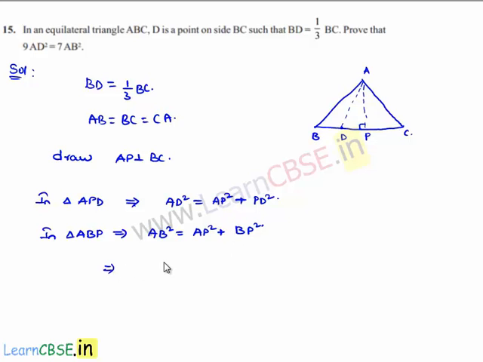Then we get AD square minus AB square is equal to PD square minus BP square, which implies, let us make subject as AB square, then we get AD square plus BP square minus PD square.